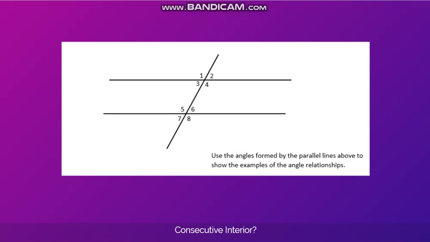So an example of consecutive interior, remember consecutive is same side of the transversal. Interior is between the lines. So 4 and 6. And you'll notice that 6 is an acute angle. It is definitely less than 90 degrees, whereas 4 is an obtuse angle.